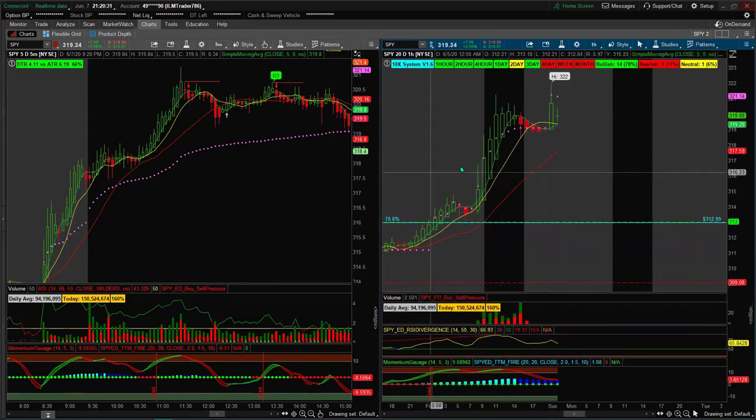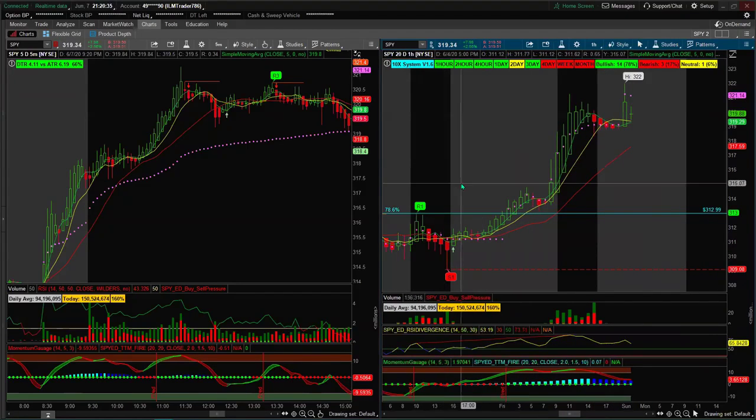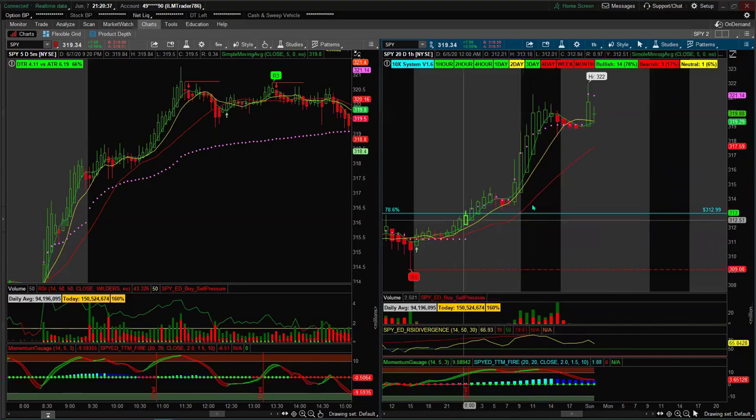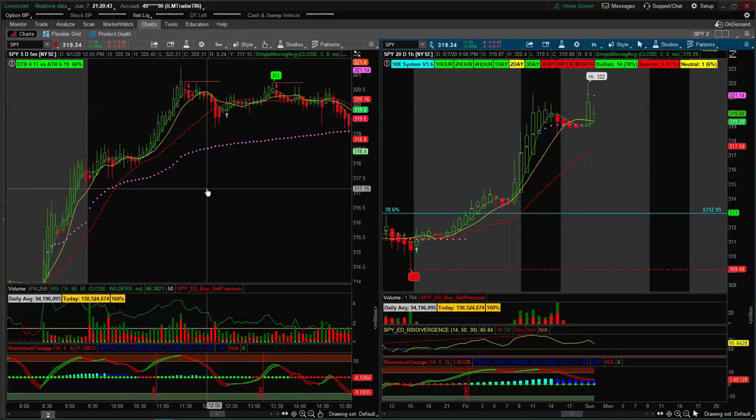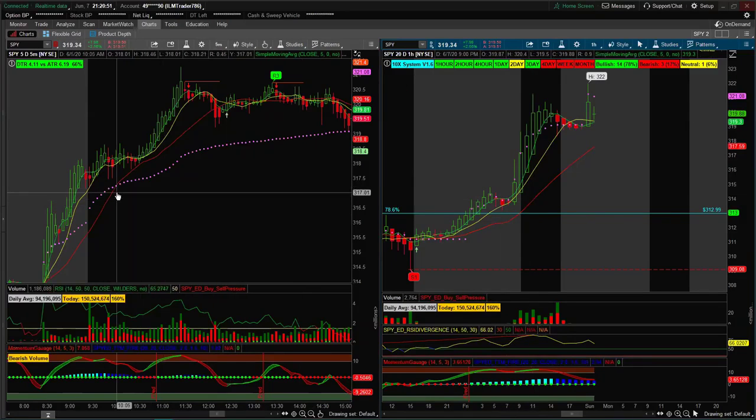We have our auto support and resistance, which is fine, but at the same time I want to see what's happening in my hourly. This gives me direction in terms of what's going to happen at the open. So you're technically not missing out on a lot if you come into the hourly, and then the market opens at 9:30, middle of the hour.